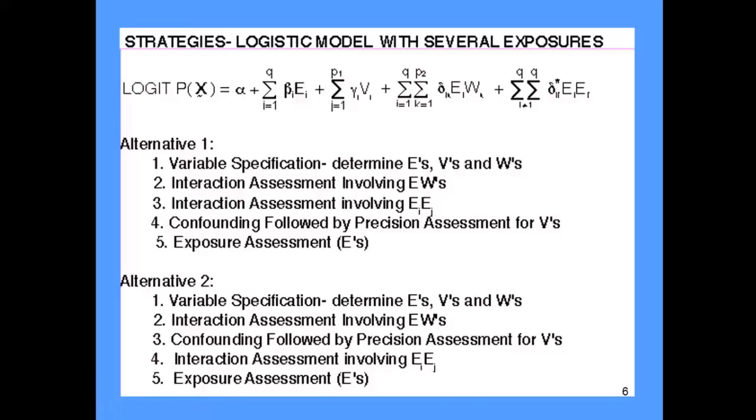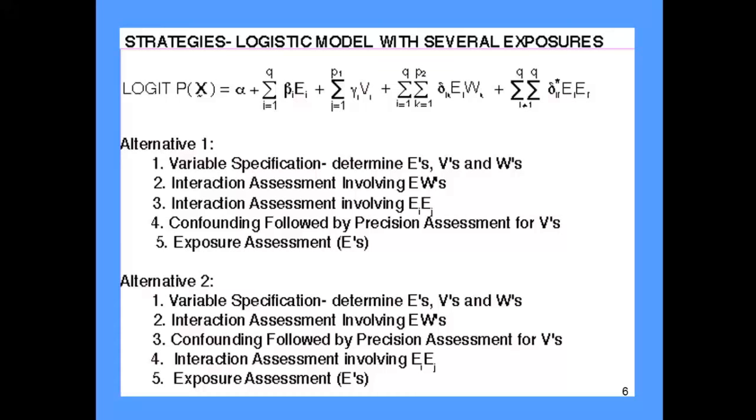But what about step 3 here? What about that one? What does that say? That deals with confounding before you deal with the interaction among the E's. That says, look, I don't want to touch the E's until I deal with confounding about the V's, because the E's are my main variables of interest. I don't want to touch the E's until I deal with confounding in the V's.